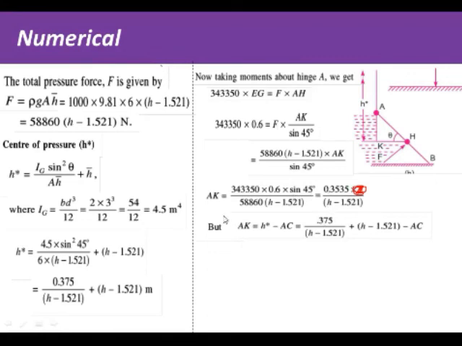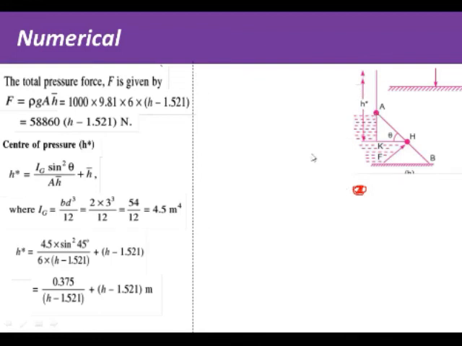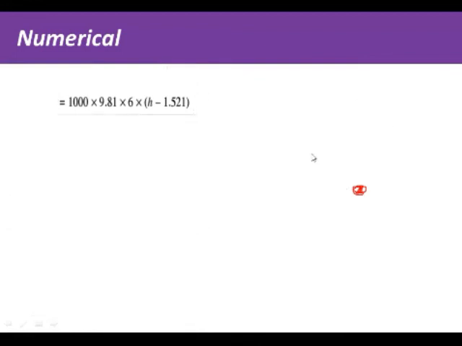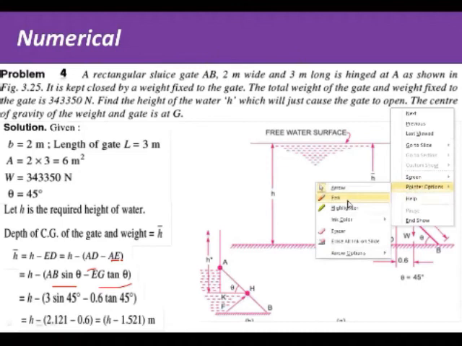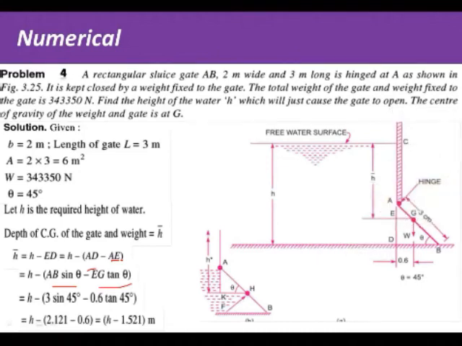Okay, after that we know AK by geometry. This distance A to K is nothing but H star minus distance AC. This is point K, and this distance is H star.